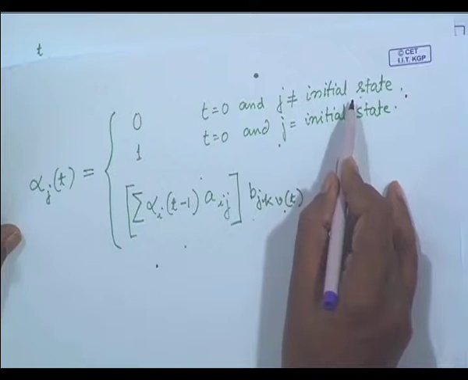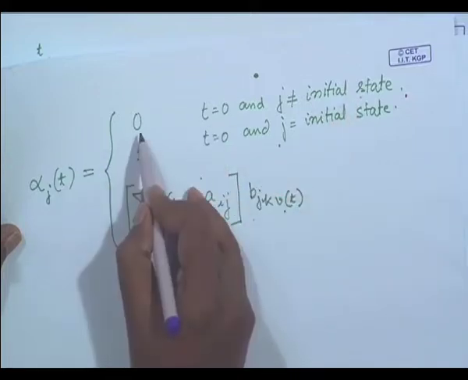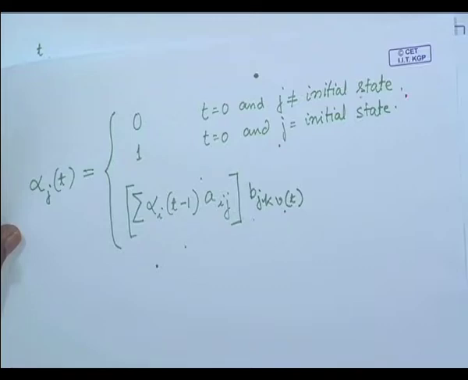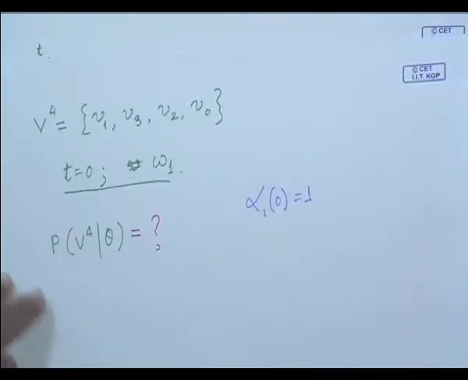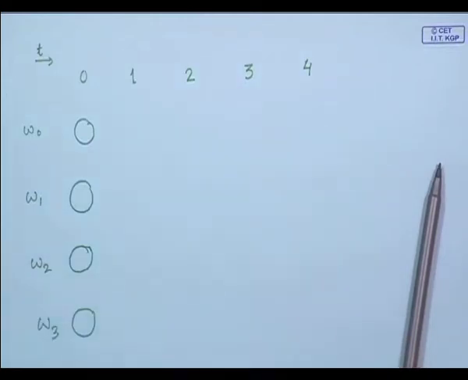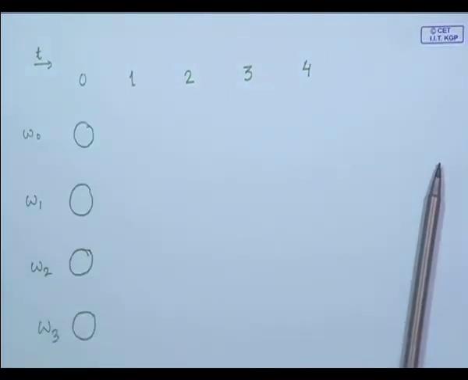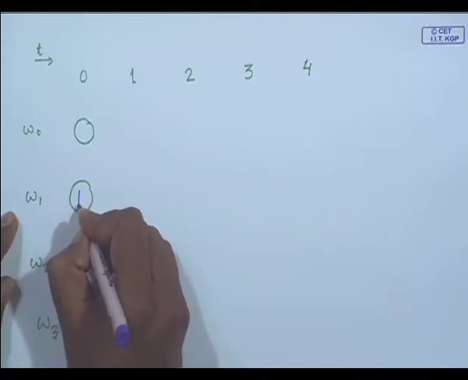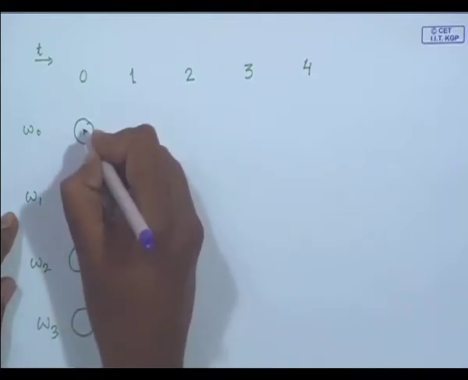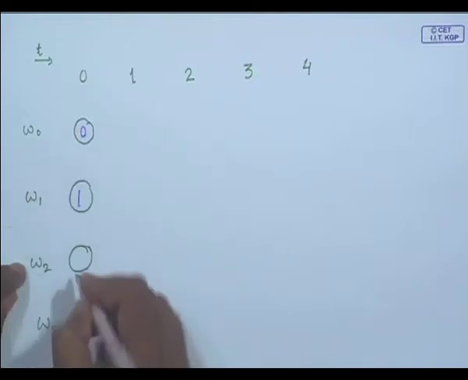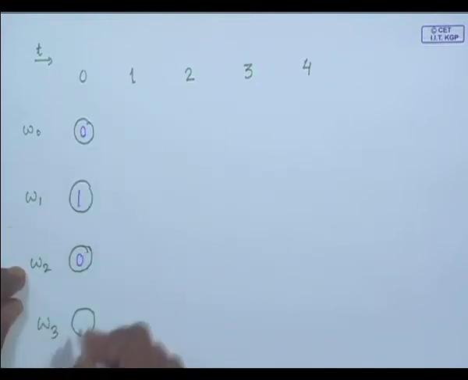If it is not an initial state at t equal to 0, then alpha j t is equal to 0. So, just going by this definition, as I have assumed that at t equal to 0 the machine is in state omega 1, I have alpha 1 0 equal to 1, alpha 0 0 will be 0, alpha 2 0 will be 0, alpha 3 0 will be 0. So, this is the initialization, the initial states that I have.